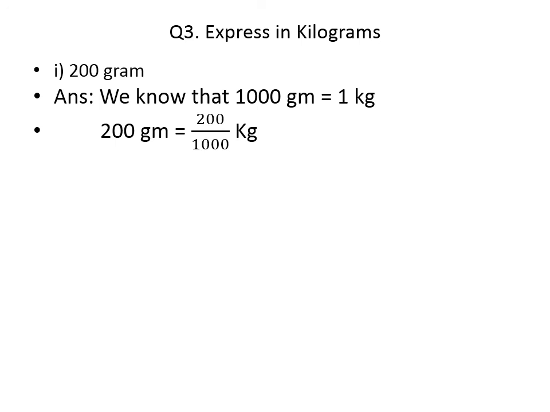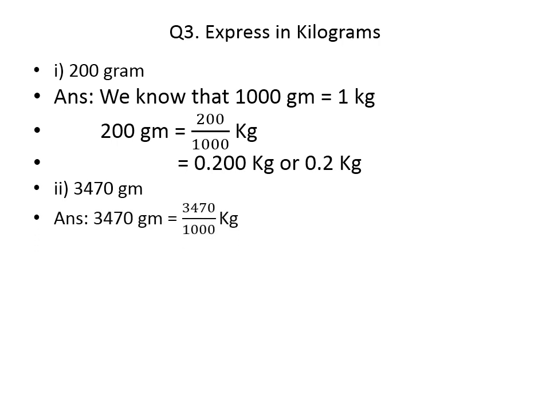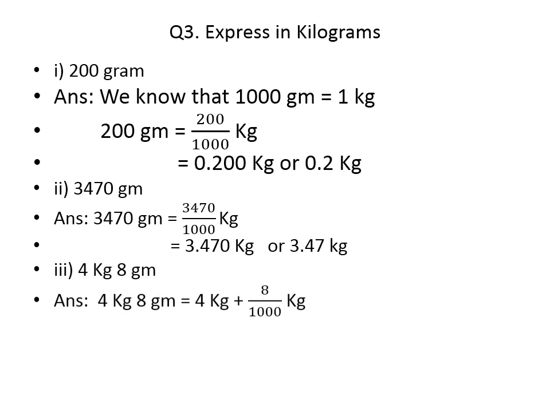So you can put the decimal point after 3 digits, 1, 2, 3, which is equal to 0.200 kg, or this can be written as 0.2 kg. So one more example, it is 3470 gram. So again divide by 1000, we get 3.47 kg.